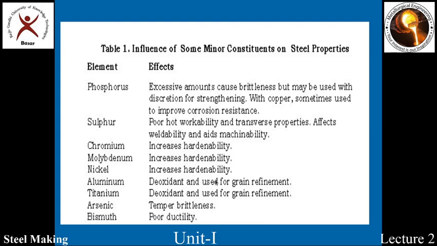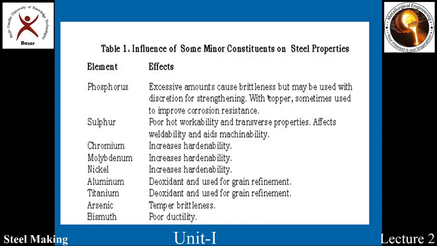Coming to how these alloying elements matter: if phosphorus is in excess, what will happen in the steels in terms of mechanical properties? If the sulfur is low or high, what will happen? Let me give you a few glimpses about these things. If phosphorus is in excess, it causes brittleness.